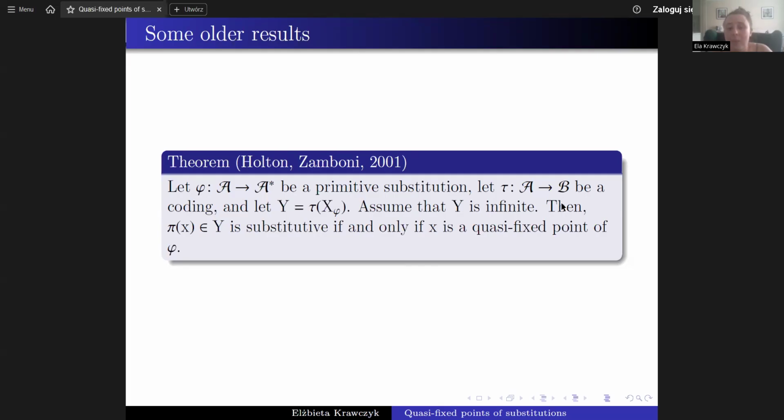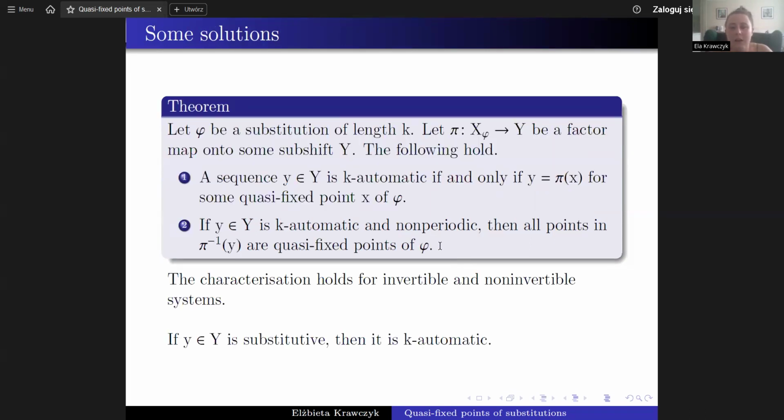Then I know that my point pi x is substitutive if and only if x is a quasi-fixed point of phi. Just one small caveat is that they work in a two-sided context, but one can easily derive the one-sided context from it. And furthermore, the part about the preimages is not really explicitly written, but with the techniques, one can also easily get it.